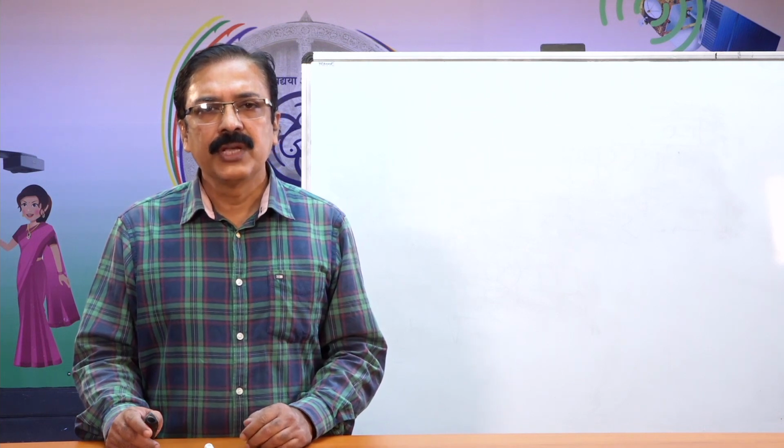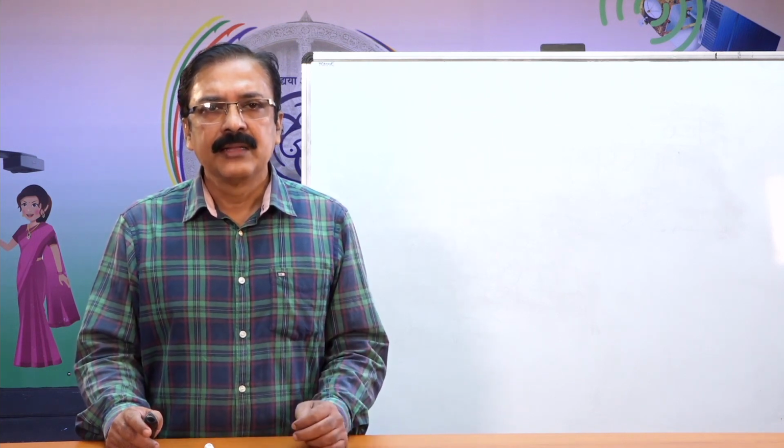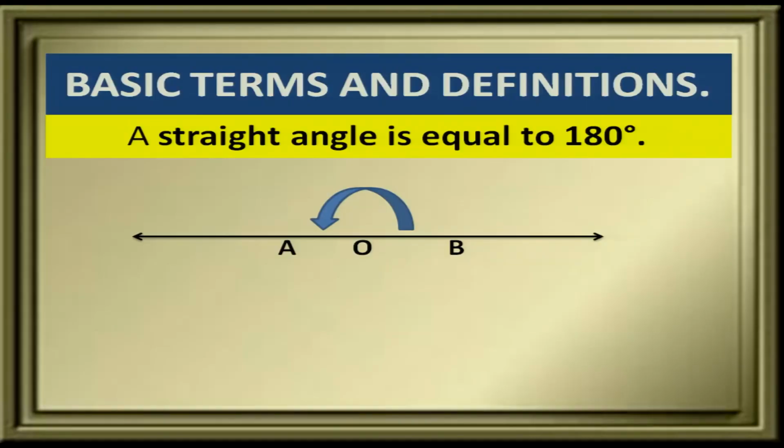Now you see, when the rotation comes to such a position that the initial and final positions of the rays are completely opposite to each other, then it forms a straight line. So the angle between rays OB and OA is called a straight angle, and the amount of this angle is 180 degrees.